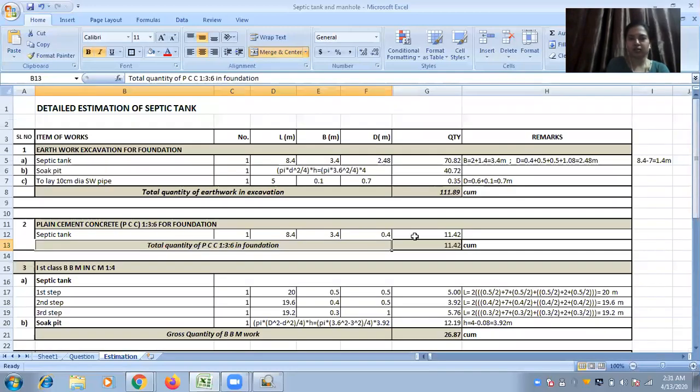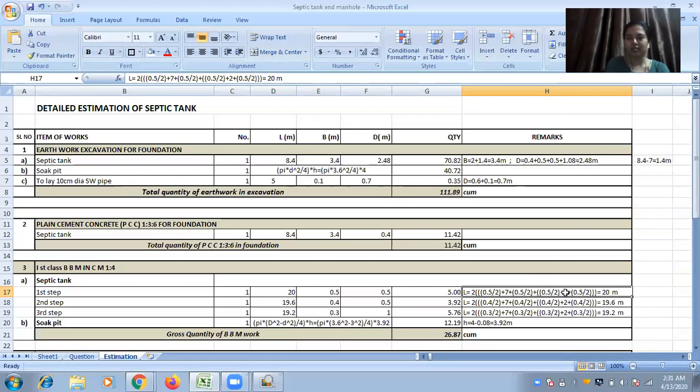So L is equal to 2 times of (0.5 by 2 plus 7 plus 0.5 by 2), and again in the other direction (0.5 by 2 plus 2 plus 0.5 by 2), all multiplied by 2. If you calculate this, you will get 20 meter as the center line length of the first step of brick wall, that is 20 meter.